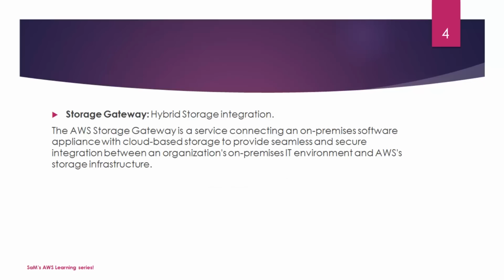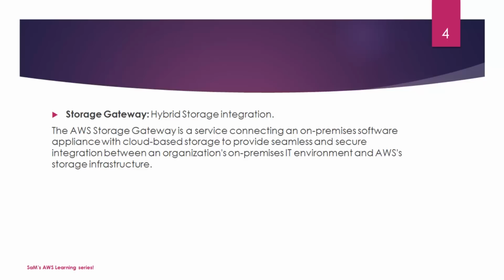And then the final offering from Amazon under this category is Storage Gateway. So Storage Gateway is a hybrid storage integration. What do you mean by that? Maybe you have your own data center and a network, and you need to back your data up, or you need to send the data to Amazon storage. So Storage Gateway will be of great help here.